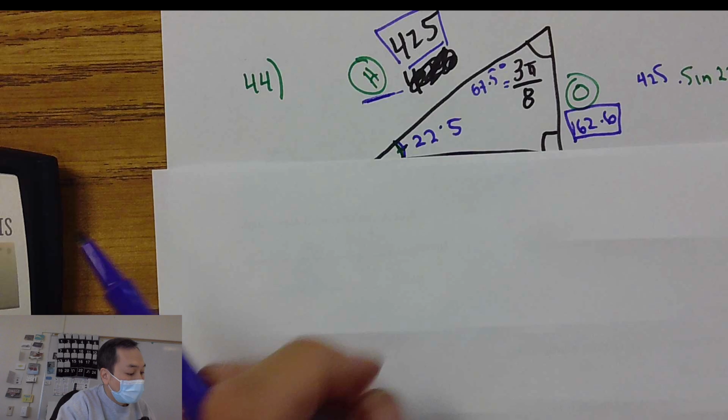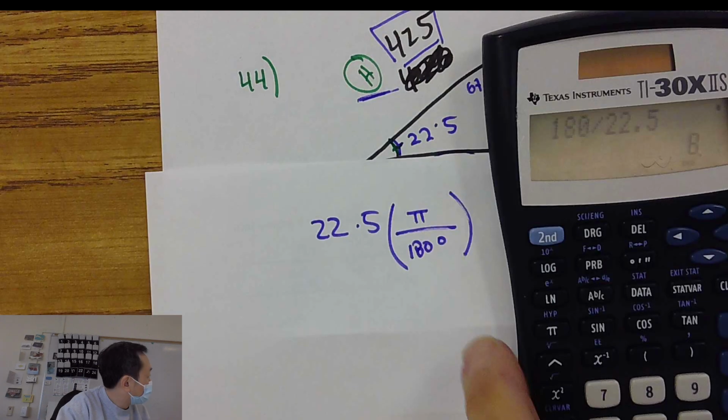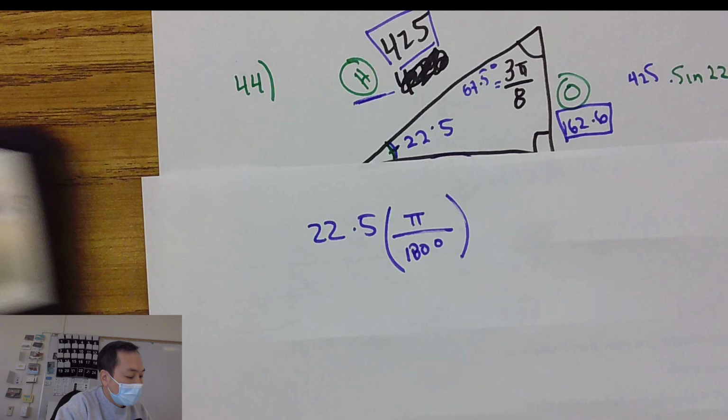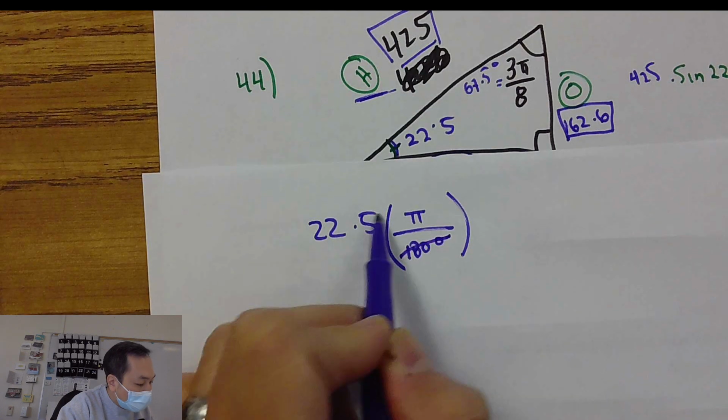If you do 180 divided by 22.5, that is 8. So 22.5 goes into 180 8 times, which is pi over 8. You guys can use the old conversion rate.